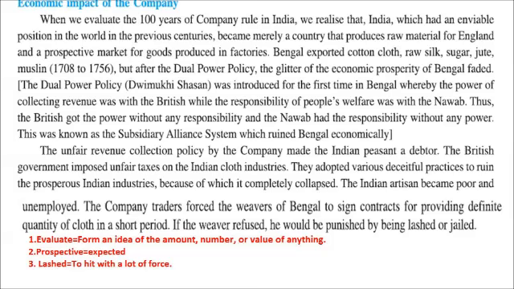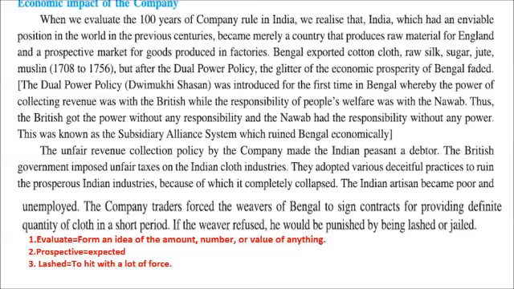Now this double power policy or Dvimukhi Shasan was introduced for the first time in Bengal, whereby the power of collecting tax was with the Britishers, while the responsibility to solve the people's problems or to look after the people's welfare was in the hands of the Nawab, that is the king of that region.